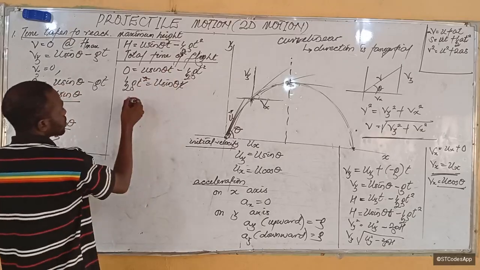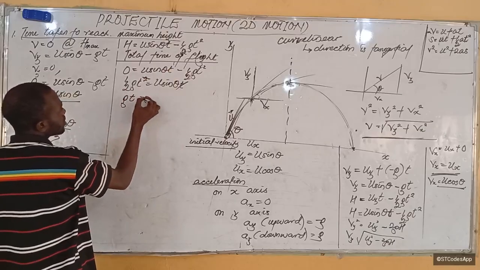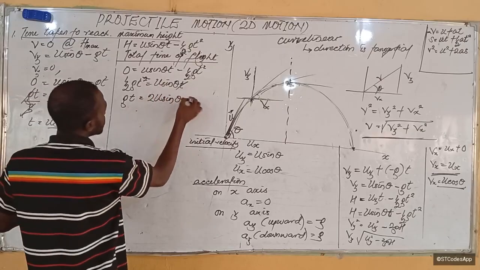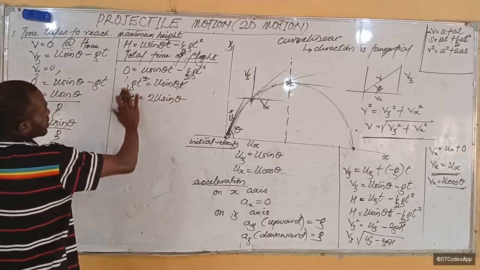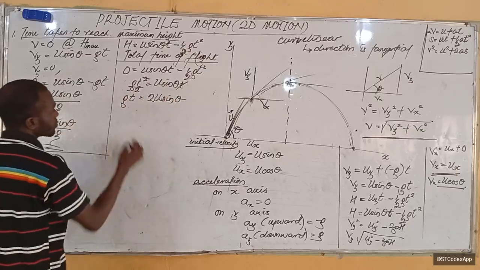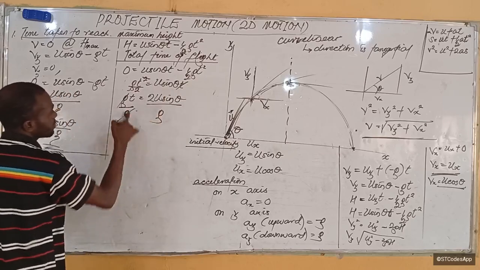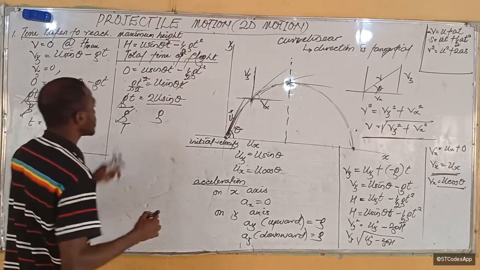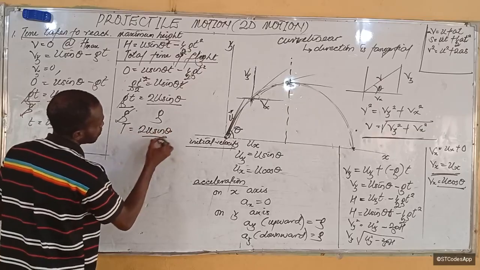So we'll have gt equal to 2 times u sine theta, cross multiplying, since this one is under, think of this as gt over 2. Now divide both sides by g. This t is the total time of flight, so we use capital T to represent that. It becomes 2u sine theta over g.